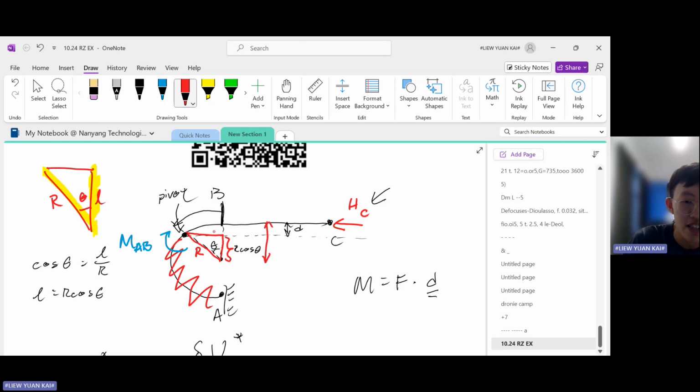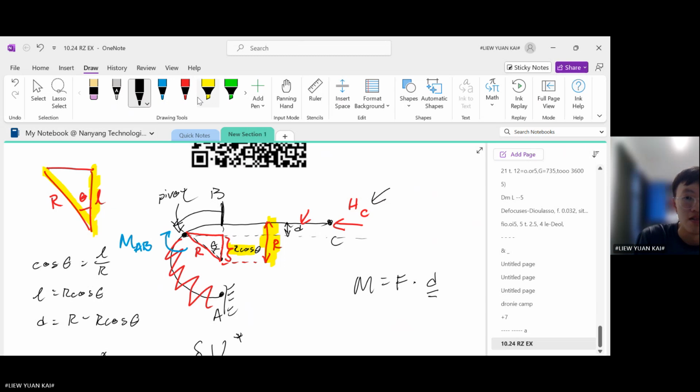This is actually the radius of this circle, so this is r. So to find d, d is given by the radius minus r cosine theta. I hope you can see that. That will be the moment arm of HC away from the pivot.